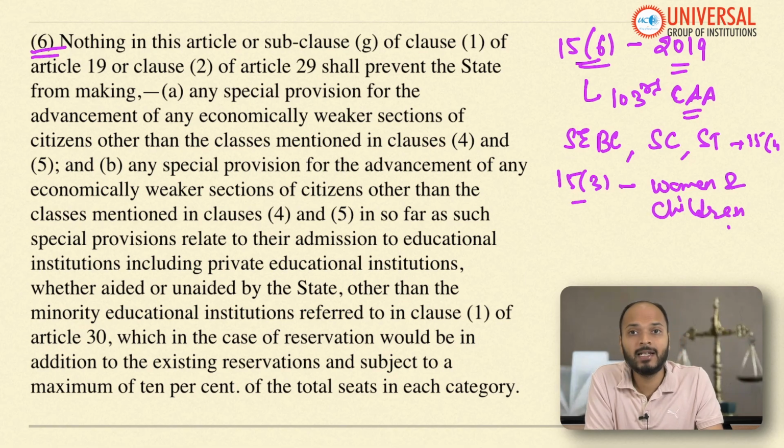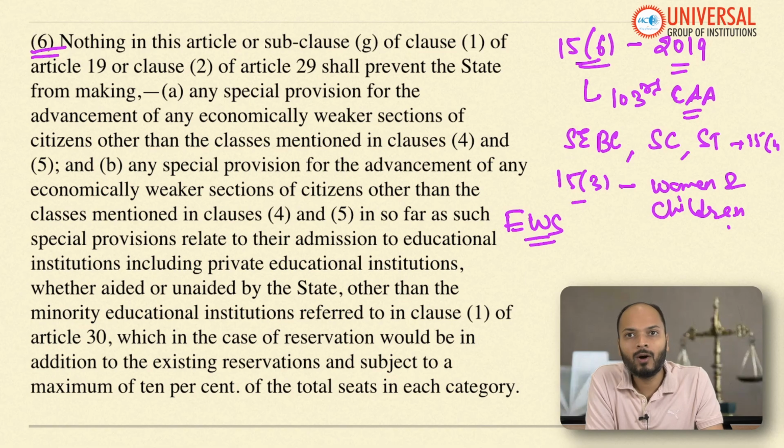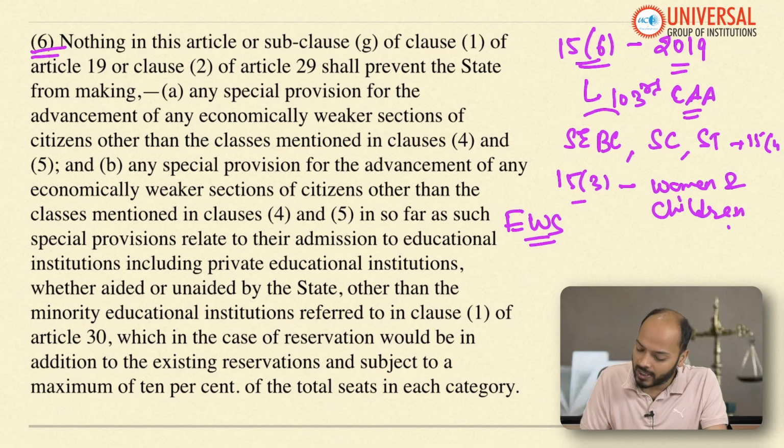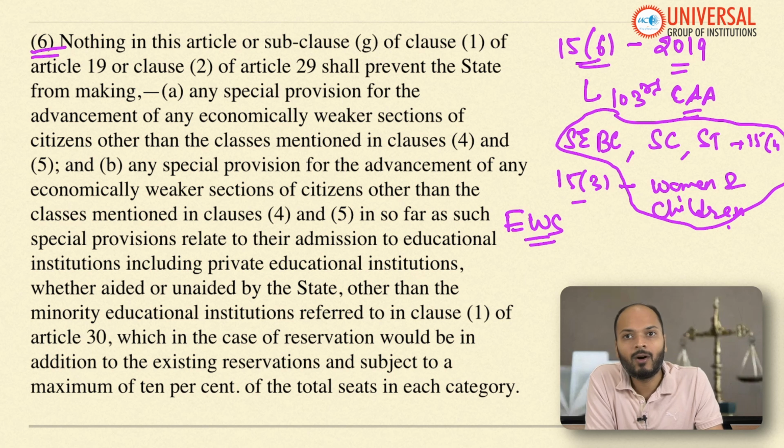Now under 15(6), the state has given the same kind of benefit to people belonging to the economically weaker section, right? So all those who belong to the economically weaker section but are not able to take benefit of reservation or any other upliftment measure under SCs, STs, women, children or SEBC, all such poor population will get the benefit of reservation under Article 15 subclause 6.